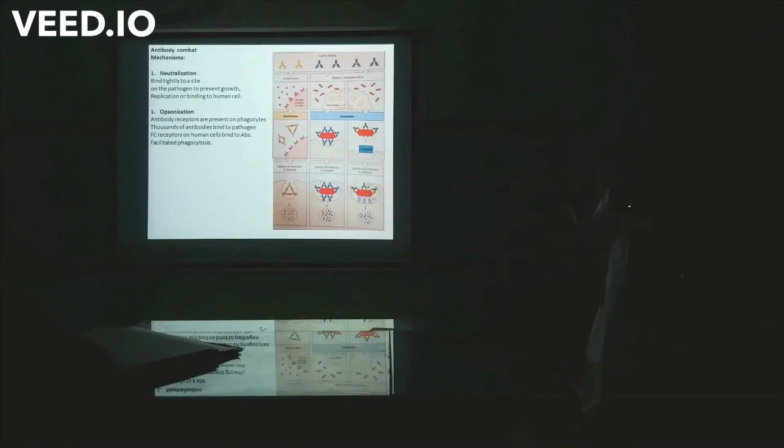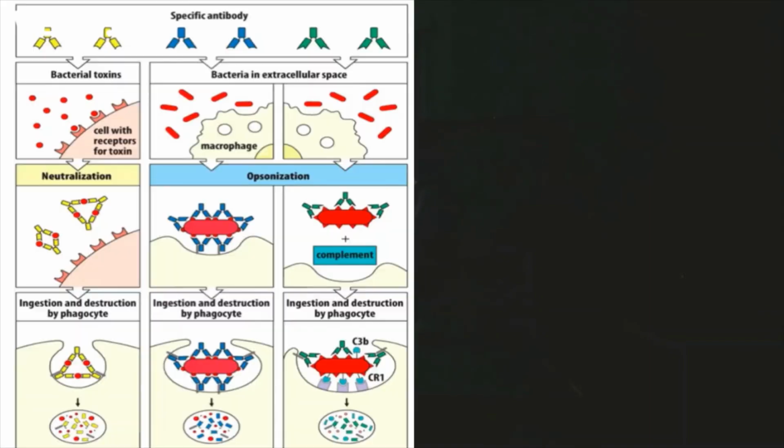To neutralize the pathogen directly, or to enhance its phagocytosis, we call it opsonization. If you look at this image on the right, there are specific antibodies given in different colors. These are the color codes. There is a yellow antibody, a blue antibody, and a green antibody.